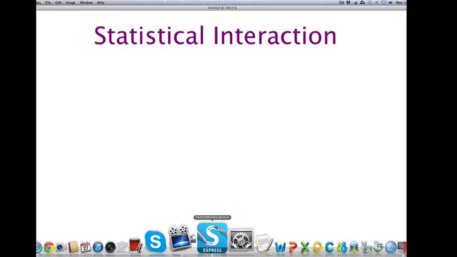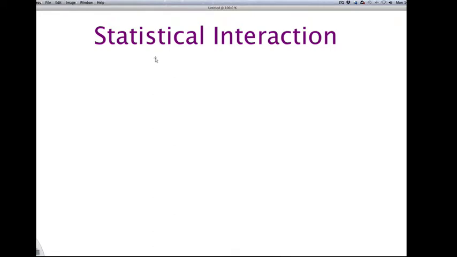Now, the first thing to understand about statistical interaction is it involves the relationship between variables. And in statistics, there are usually two kinds of variables that we talk about: the independent variables and dependent variables.